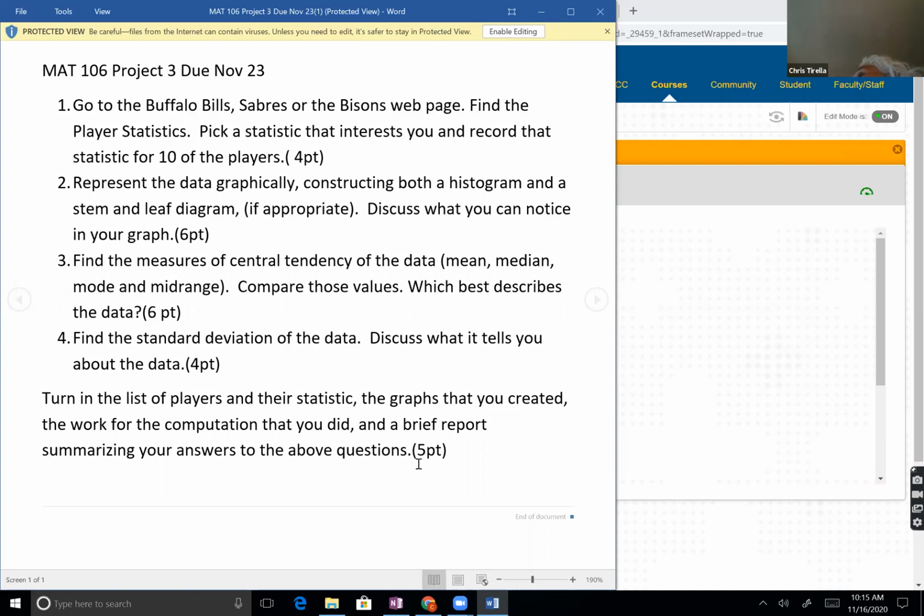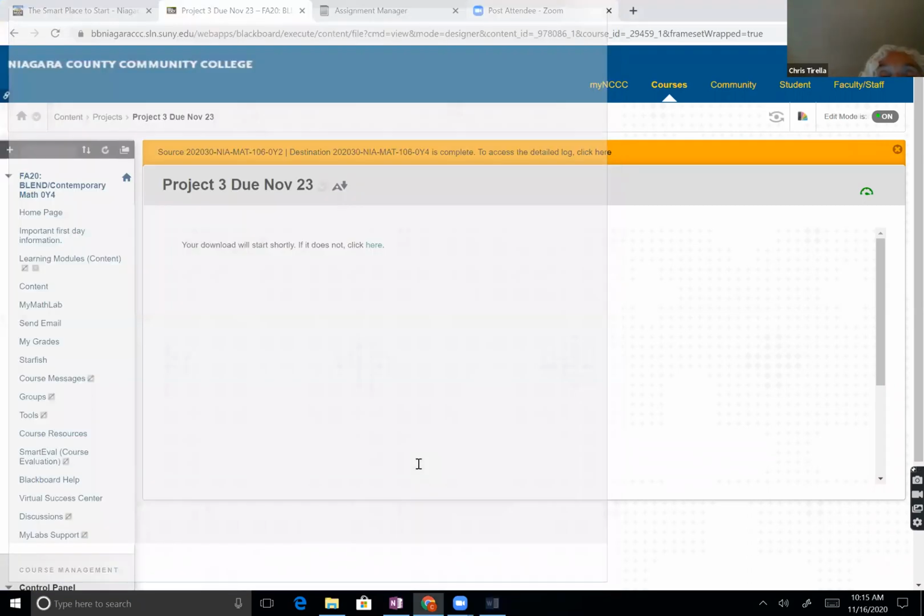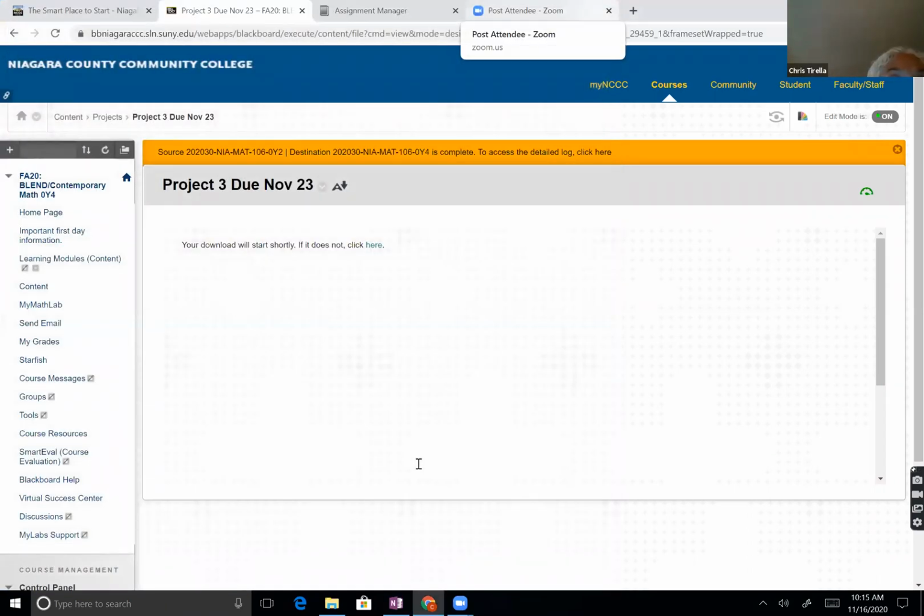Whatever floats your boat, whatever interests you. And if you aren't interested in any of the sports teams, you can gather your own information. So that having been said, I don't think that's too terrible a project.